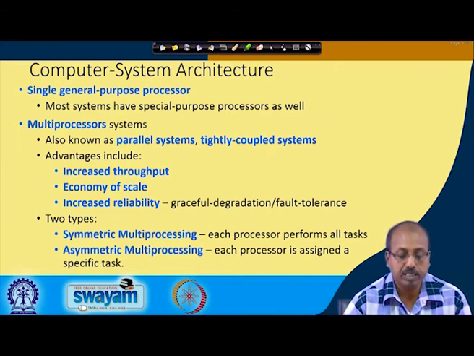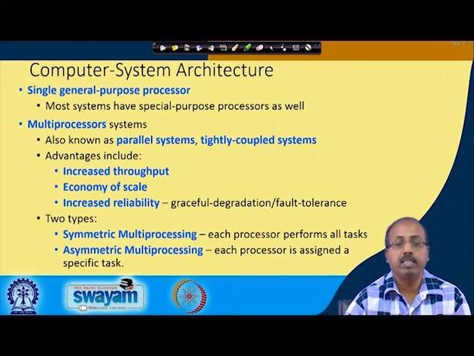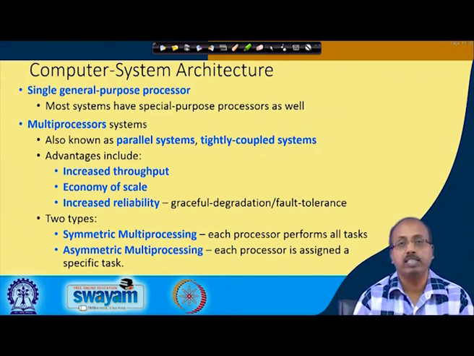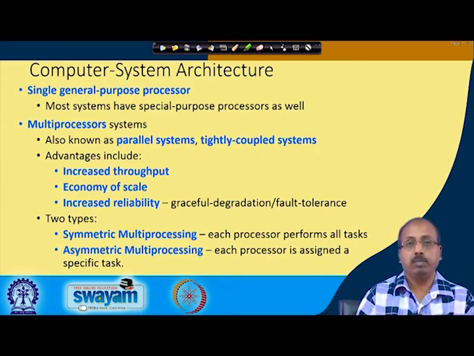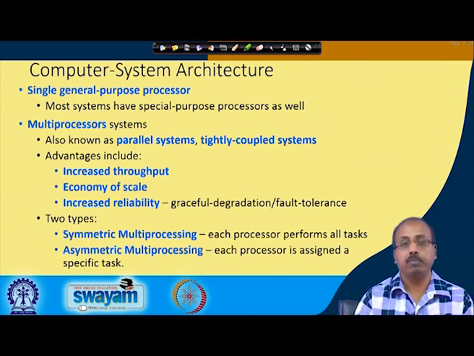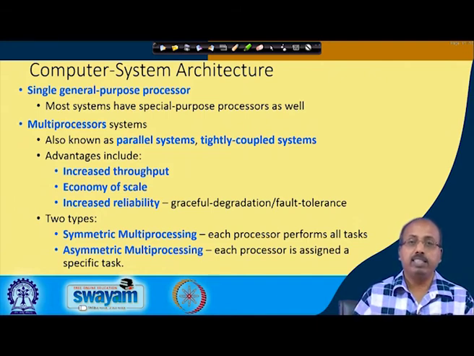Multiprocessor systems have the advantage of increased throughput, economy of scale, and increased reliability. Economy of scale means that if I have two processors, I can do two programs simultaneously; if I have say 10 processors, I can do 10 programs simultaneously. If the programs are totally independent, then this scalability is pretty high.